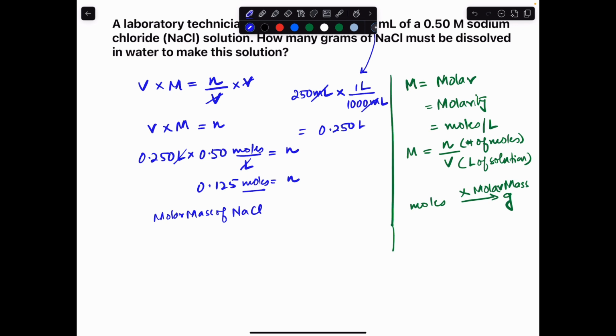The molar mass of NaCl is going to be the atomic mass of Na, which I believe is 22.99, plus the atomic mass of chlorine, which is 35.43, and that gives us 58.42 grams per mole.